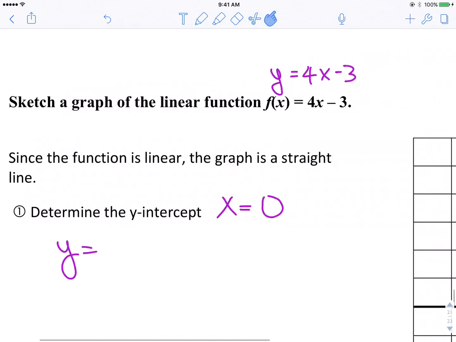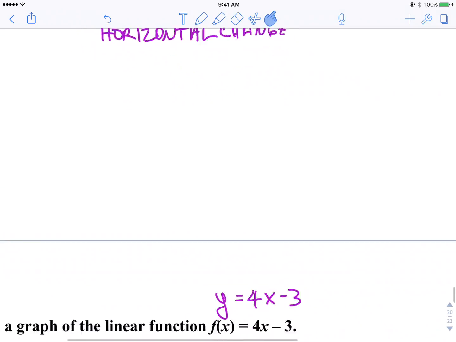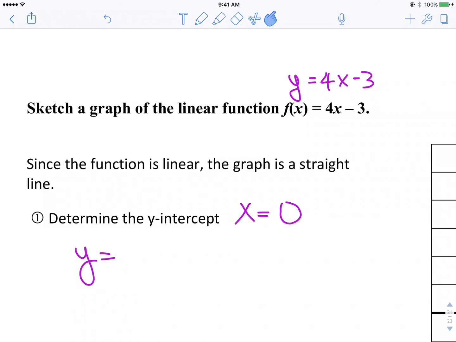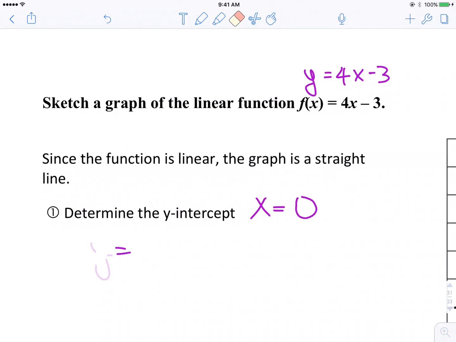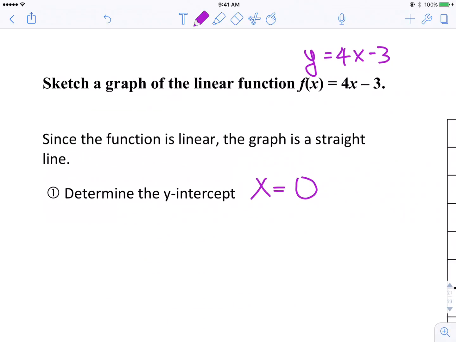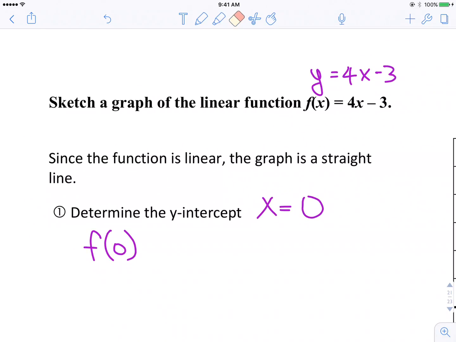Now in this case, because we're using function notation, I should continue with function notation. So I'm going to say, if x is 0, then f of 0 is what? But let me start with the equation, because I should always start with the equation. f of x is equal to 4x minus 3.